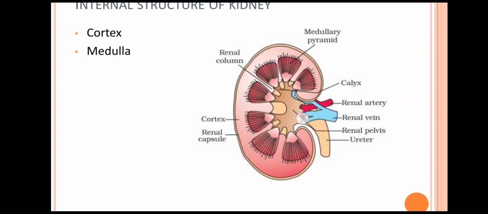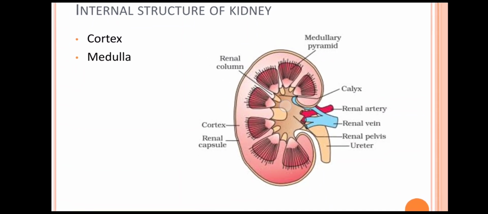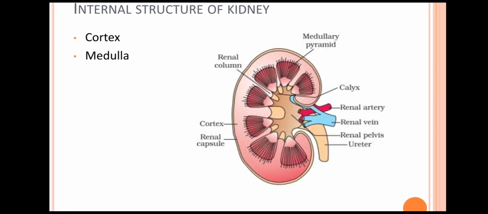Inner to this hilum is a broad funnel shaped structure called the renal pelvis. This renal pelvis has certain projections, and these projections are called the calyx, or in plural form, the calyces.